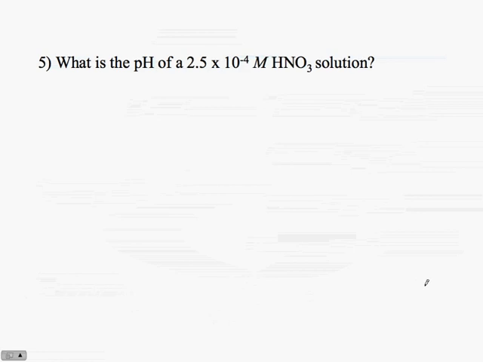Okay, let's take a look at this one. It says, what is the pH of a 2.5 times 10 to the minus 4 molar HNO3 nitric acid solution? In this instance, this is a little different from what we've seen before. We have pH is equal to minus the log of the hydrogen ion concentration, but the hydrogen ion concentration is 2.5 times 10 to the minus 4.